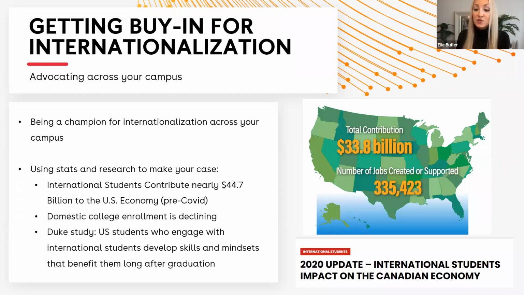But even more impactful than those points, in my opinion, are the results of a Duke University study that showed the demonstrable benefit that international students bring to our campuses and our countries. So Duke University researchers studied alumni from several universities. They found that domestic students who engaged with international students while on campus are more likely later in life to appreciate art and literature, to place current problems in historical perspective, and to read or speak a foreign language.